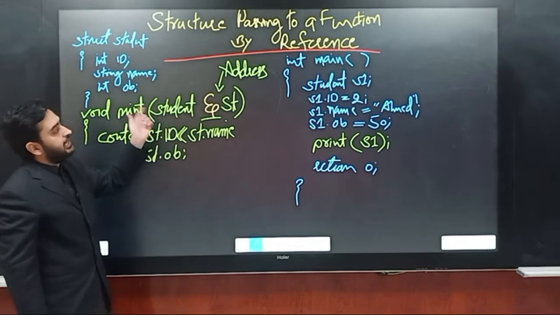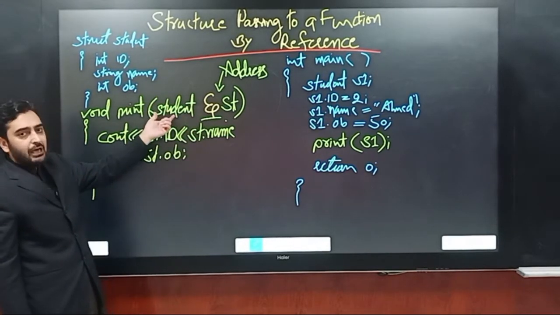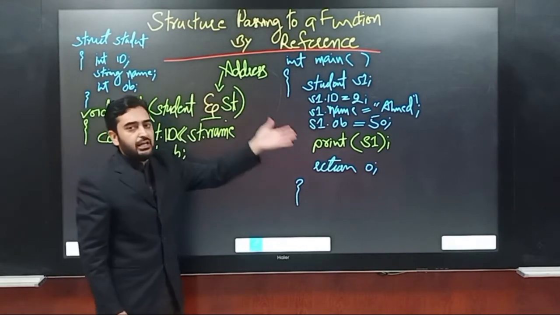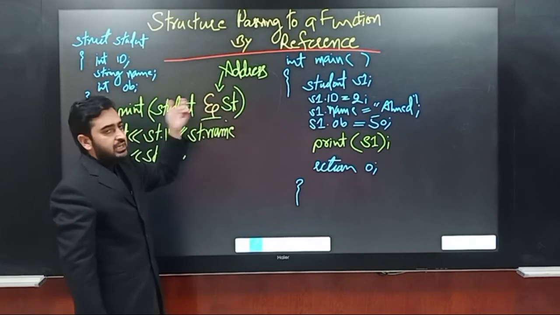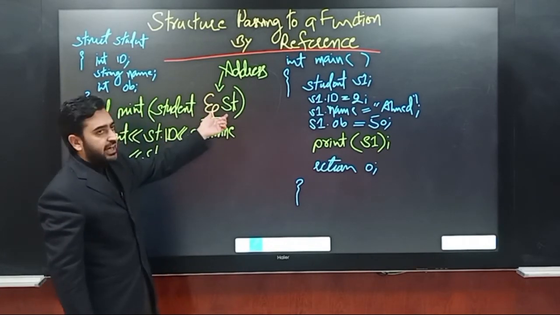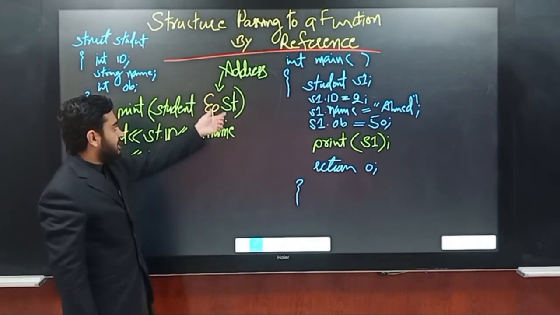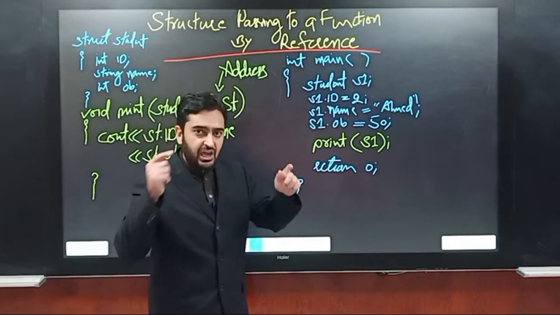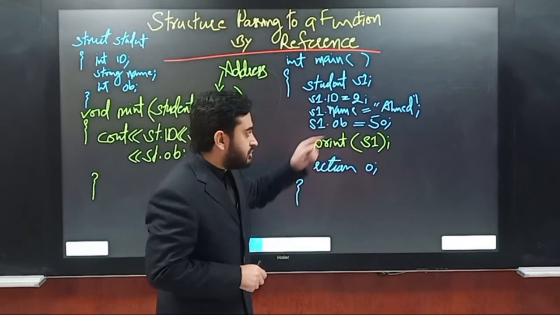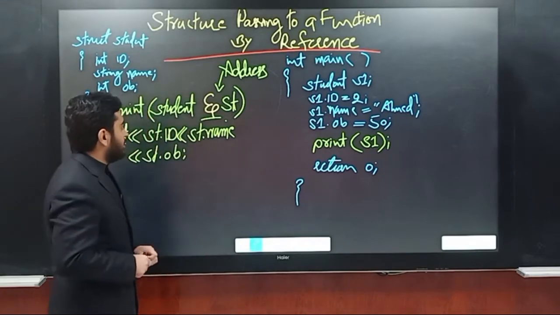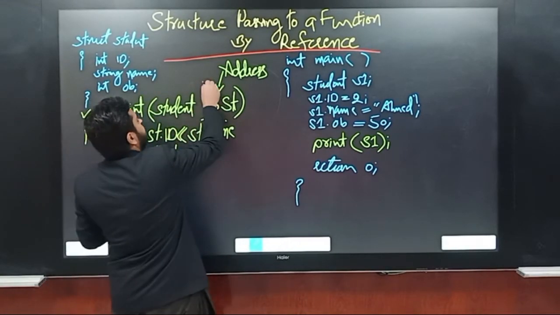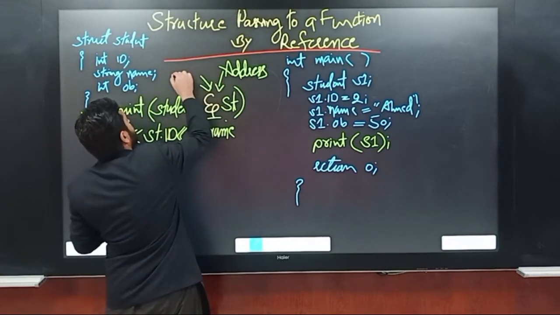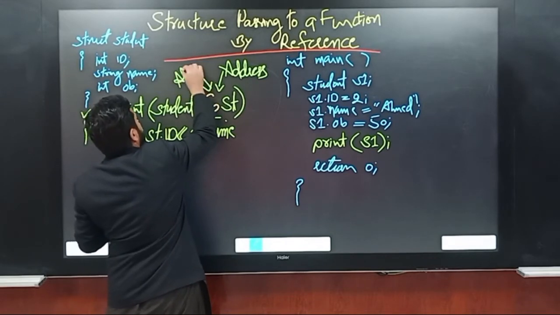It means that another variable should also be of type student. Then we can pass the reference, the alias, to the variable st. So this variable will be pointing to the same location where the actual variable is pointing.